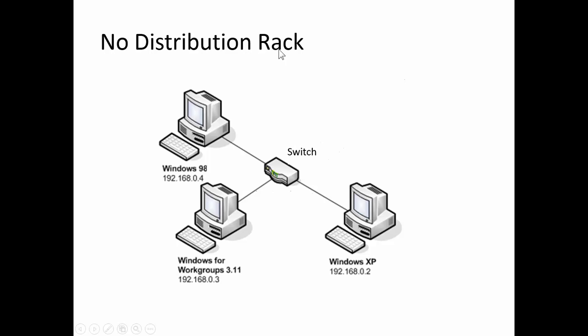What is a distribution rack? If you don't have a distribution rack, you put the switch right in the middle of the office, sitting on the floor or on a table, and you run the cable to each workstation, and then everybody trips over the wires. A more professional way to go would be to use a distribution rack.